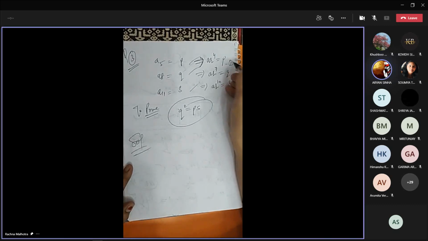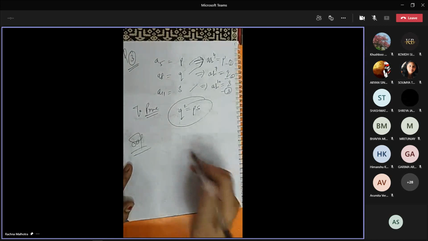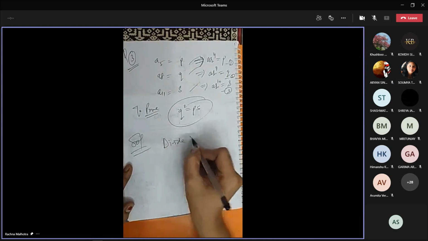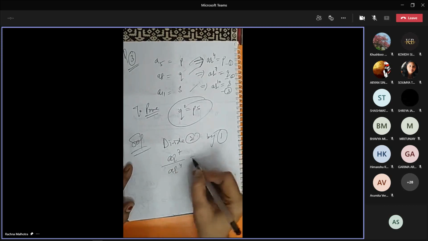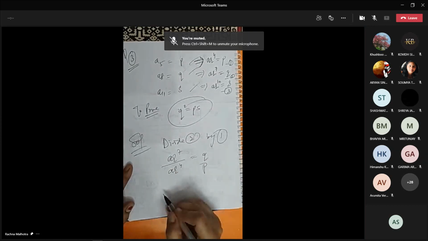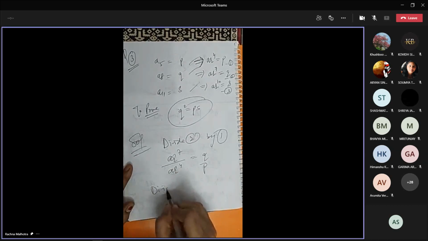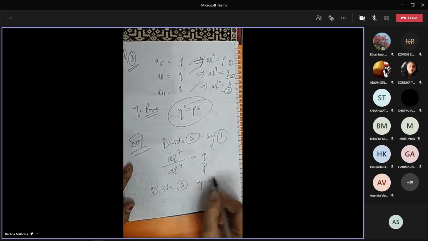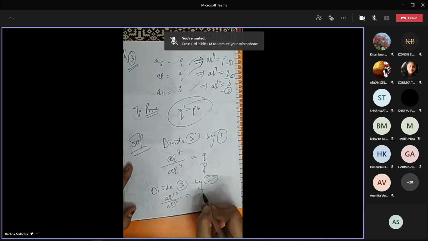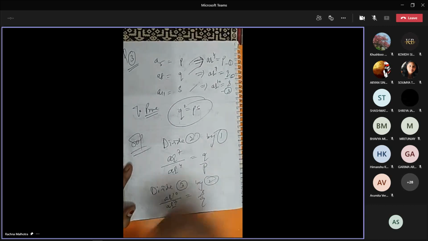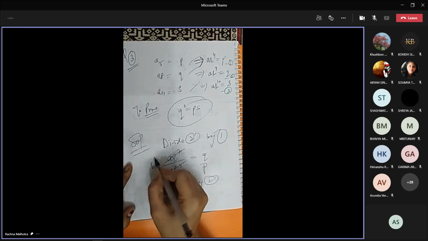So just give them number 1, number 2, and number 3. You can divide 2 by 1 and divide 3 by 2. What are we getting here? R cube.